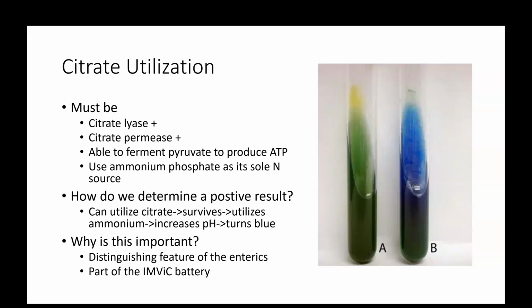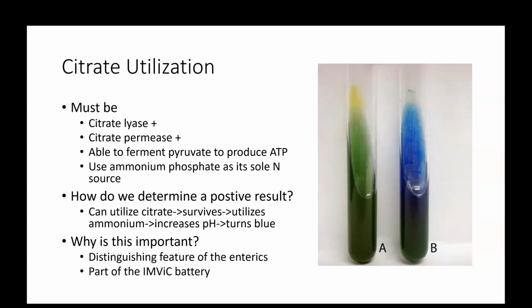And then it also has to be able to utilize ammonium phosphate as its sole nitrogen source. Because remember, if it can't incorporate nitrogen into its DNA and some of its amino acids, it's going to die also. So all four of these conditions must be met in order for bacteria to turn that media blue. So let's look at what happens. If we think about this in terms of a flow chart, if a bacteria can utilize citrate, then it can survive, and therefore it's utilizing the ammonium.